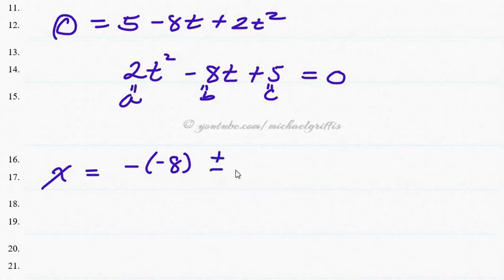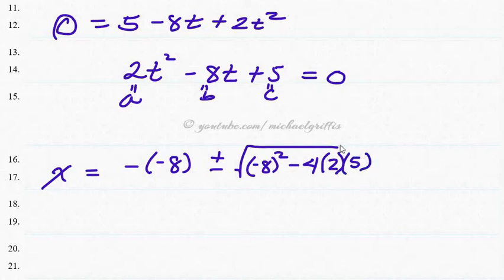Plus or minus the square root of B squared, so this is negative 8 squared minus 4a, which is 2, times c, which is 5, all over 2a. That a is 2 there.